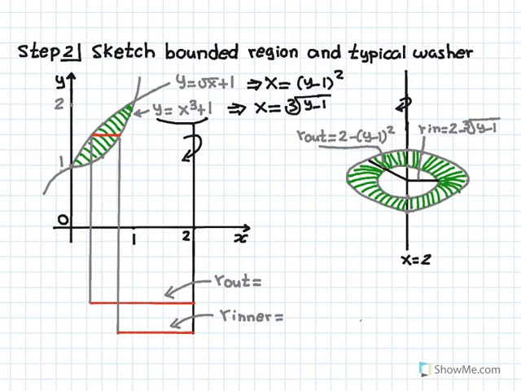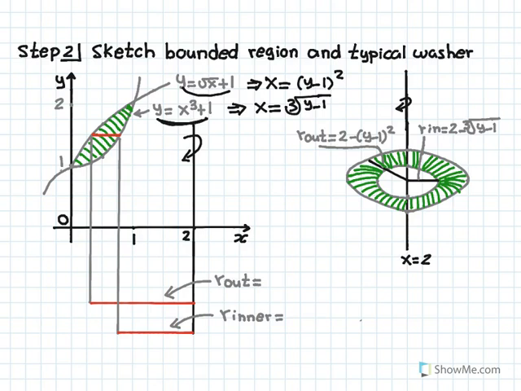Now, the inner and outer radius is so important that I want to emphasize this. The outer radius is the distance from the axis of rotation to the farthest point of the horizontal slice that we've drawn. That's going to be x equals 2 minus the x value corresponding to y equals root x plus 1, and we found this x value, x equals y minus 1 squared. The inner radius is the distance from the axis of rotation, x equals 2, to the closest point on the horizontal slice, and that is the x value corresponding to the cubic function, x equals third root of y minus 1.